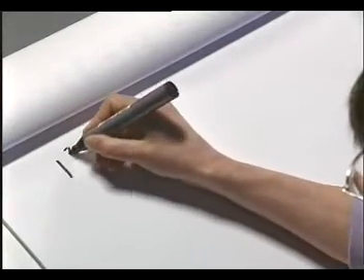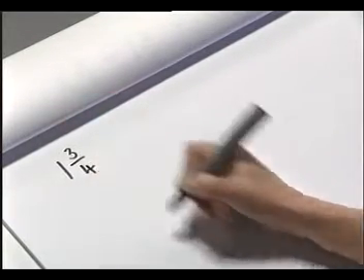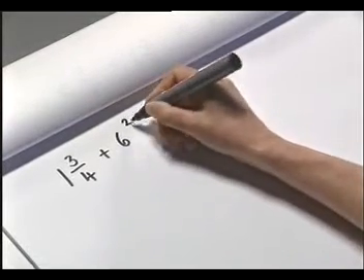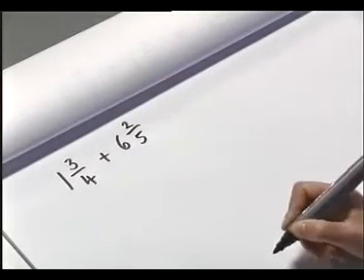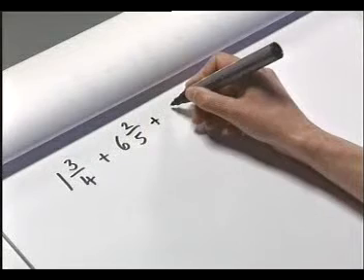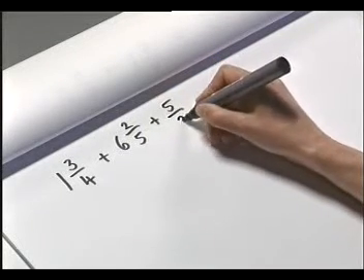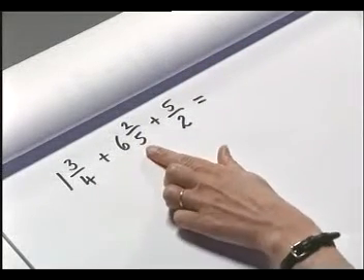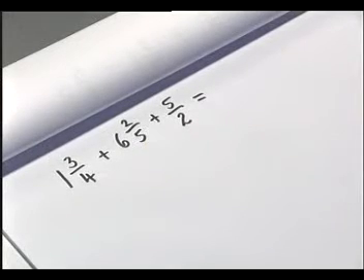Let's have a look at one more example. This time using 3 fractions. So 1 3/4 plus 6 2/5 plus 5 halves. So we've got a mixture here of mixed fractions and an improper fraction.